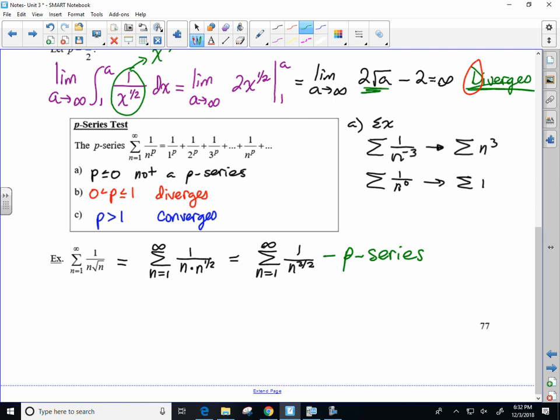It follows the correct format, 1 over n to the p power. So we can now state confidently that it converges by the p-series test, PST. Specifically, because your p-value is greater than 1.